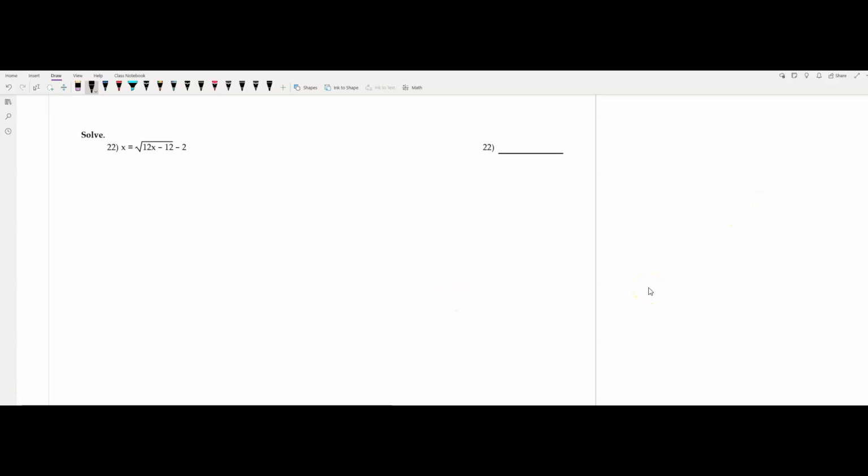All right, so let's do solving a radical equation. I'm sorry. All right, so the process of solving a radical equation is to first isolate the radical expression on one side of the equation, right?